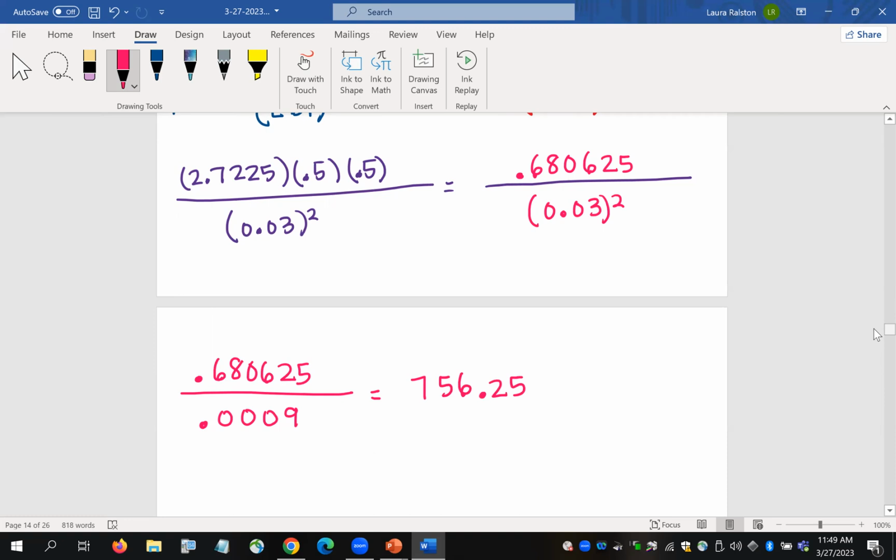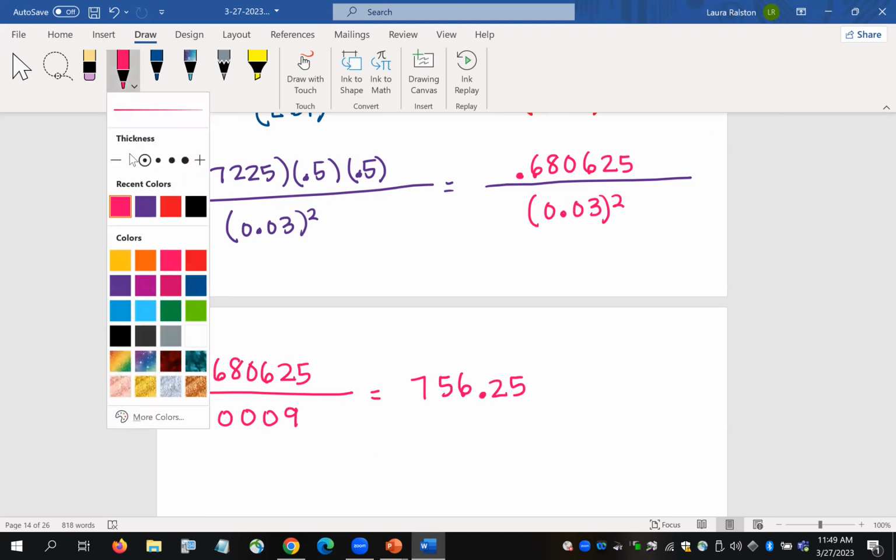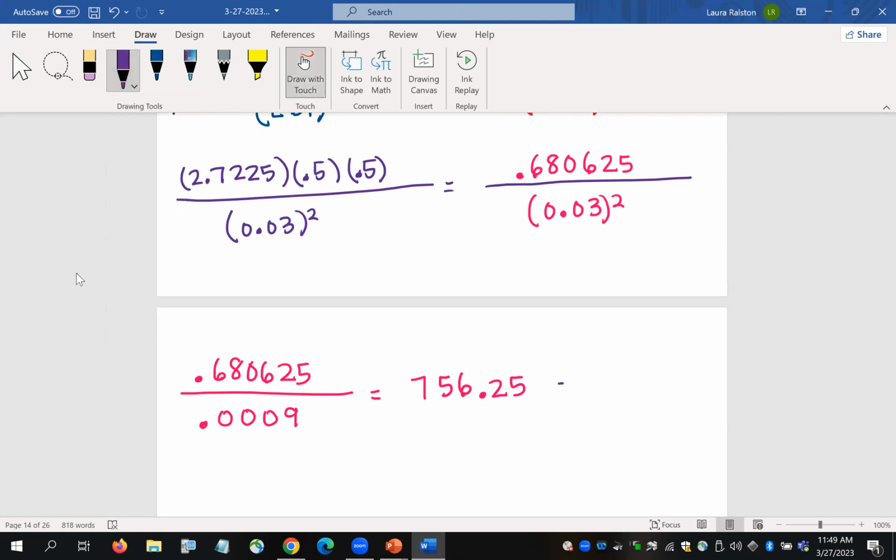Here again, we use the same guideline that we had earlier because we are thinking about people or items that have to be whole units, and to ensure that we meet the margin of error, we will round up regardless. So this becomes 757. So I would need to survey 757 people in order to ensure that I have a 3 percentage point margin of error.